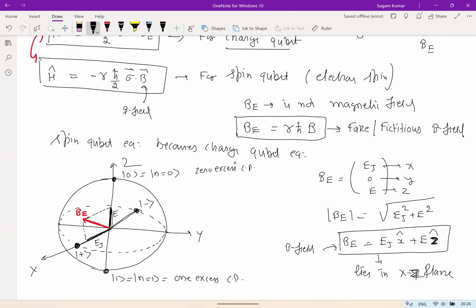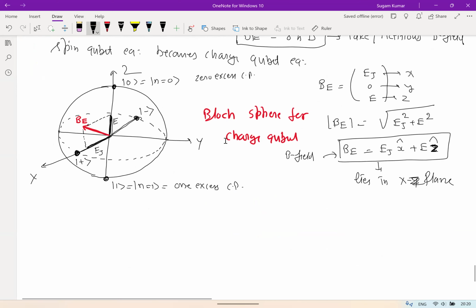So this is the Bloch sphere for the charge qubit. So the whole mathematics of the qubit is applied in this case. Any question anybody wants to ask up till here?